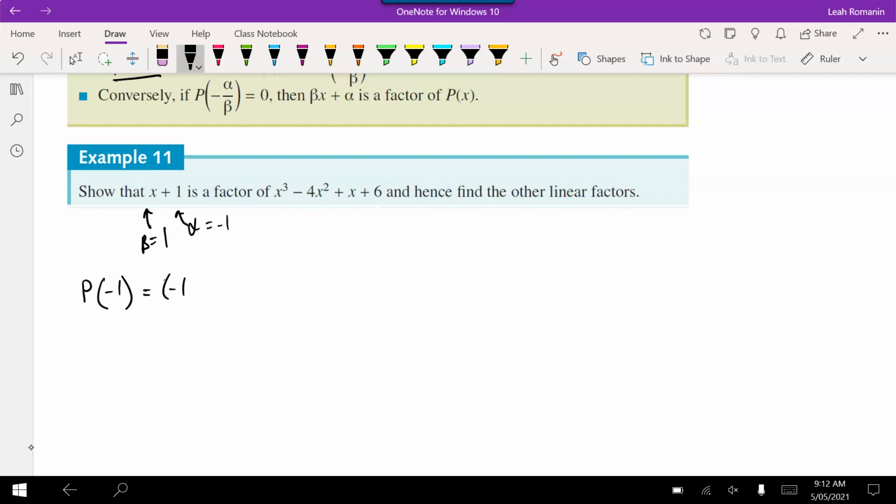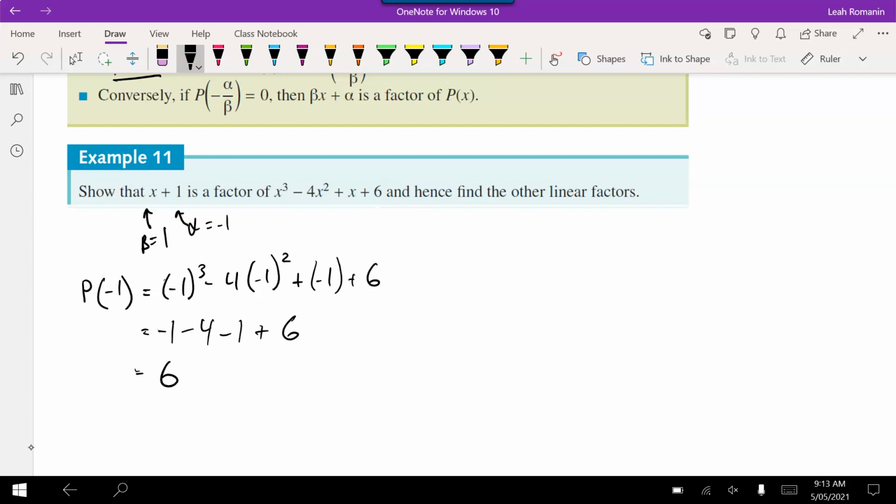So I've got negative 1 cubed minus 4 times negative 1 squared plus negative 1 plus 6. So negative 1 cubed is negative 1. Negative 1 squared is positive 1, times 4 is going to be minus 4, minus 1 plus 6.